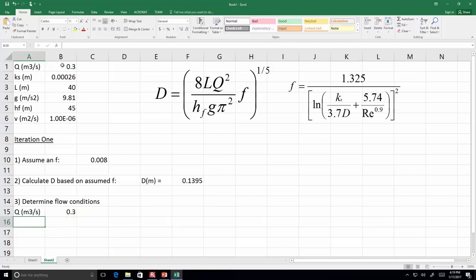But now I also want to know the cross-sectional area for the diameter I just calculated. The cross-sectional area is pi times d squared divided by 4. Okay, so I've got the cross-sectional area. The velocity, in meters per second, is Q divided by A.